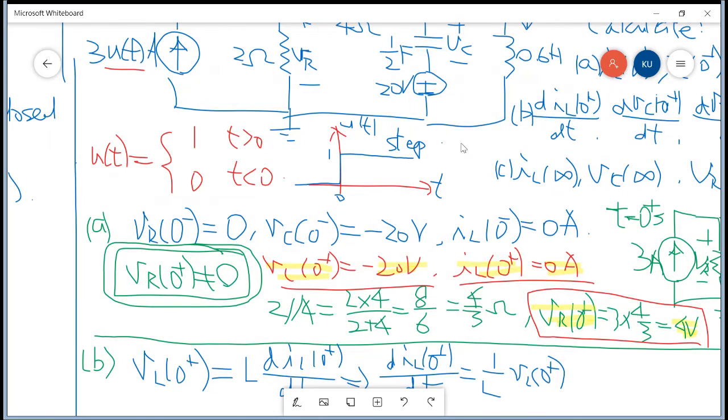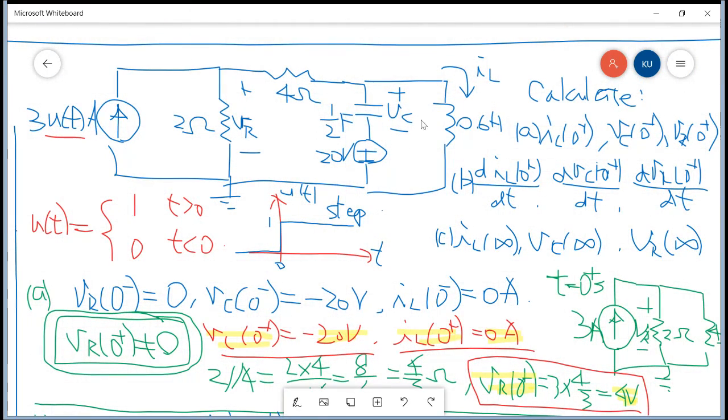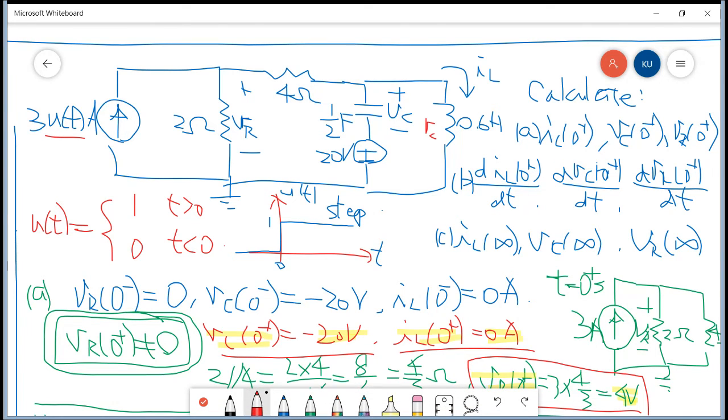And we know that VL(0+) is actually here. It's actually VL here. So we know that VC(0+) is minus 20, and this is 20. So this is 0, this is 20, and minus 20. So this is also 0 at t equals 0.